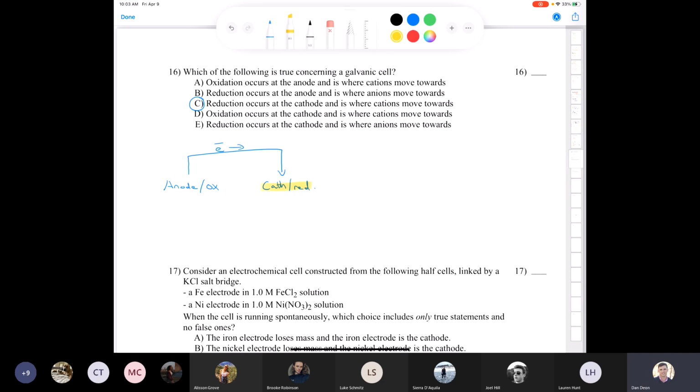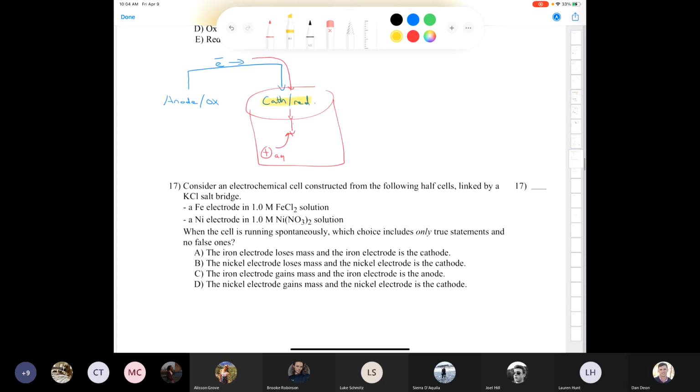Well, that makes sense because if electrons are flowing in this direction, that means that overall I would be building up negative charge on this side of my galvanic cell as negative charge goes in here. And so the cations that are in solution are going to move towards the anode. And so the correct answer would be C.